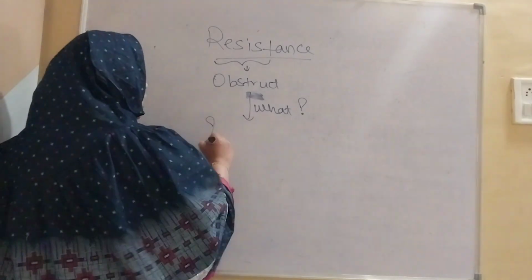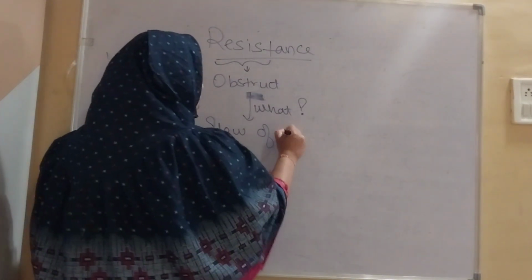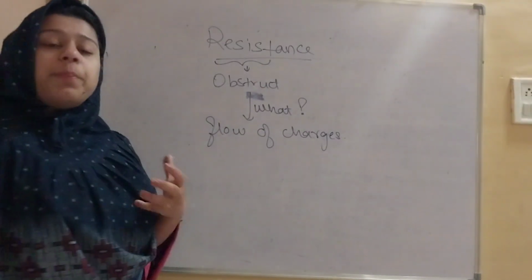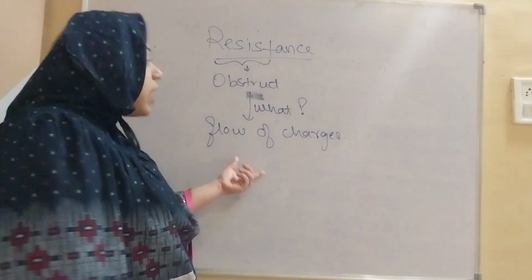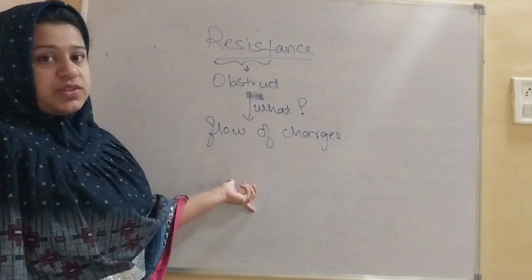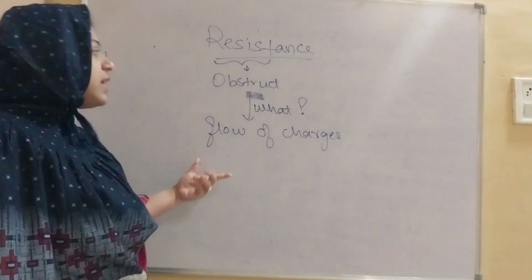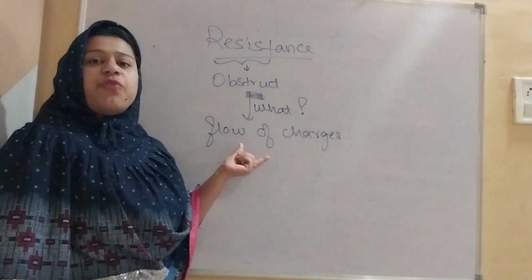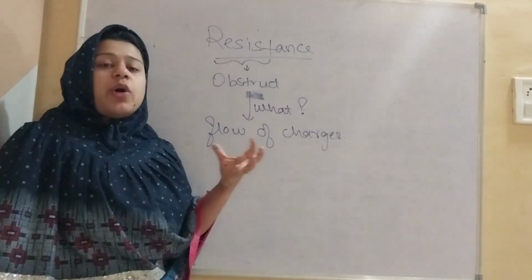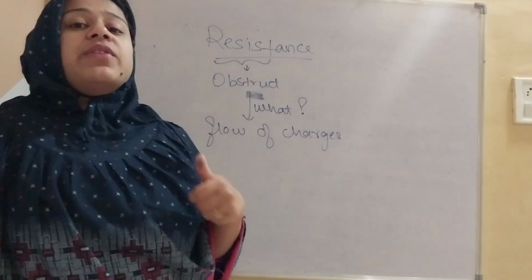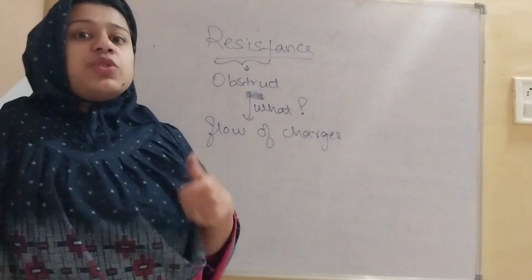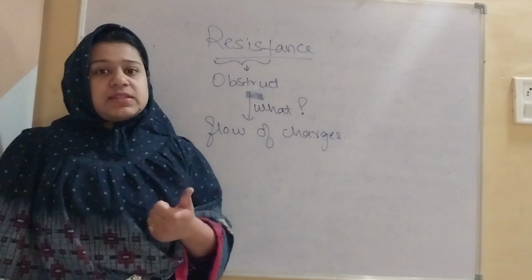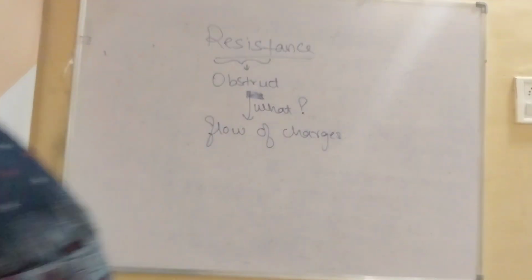So what can be obstructed, the flow of charges. तो रेजिस्टेंस is a property which obstructs the flow of charges. ठीक है, तो रेजिस्टेंस एक ऐसी प्रॉपर्टी है एक कंडक्टर की जो चार्जेस के फ्लो को ऑब्स्ट्रक्ट करता है, which obstructs the flow of charges, which resists the flow of charges, जो चार्जेस को फ्लो होने से रोकता है. That is known as resistance.